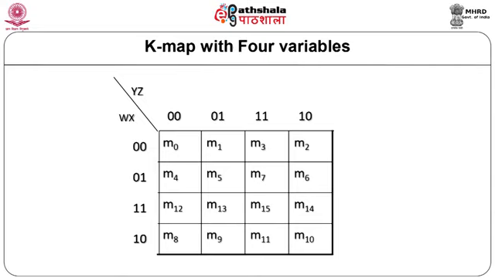A rectangle of 8 squares will represent a product term of 1 literal, thereby eliminating the remaining 3. In the best case scenario, you can have a rectangle, a pair, a quad or an octet containing 2, 4, 8 or 16 elements in this K map as a group.